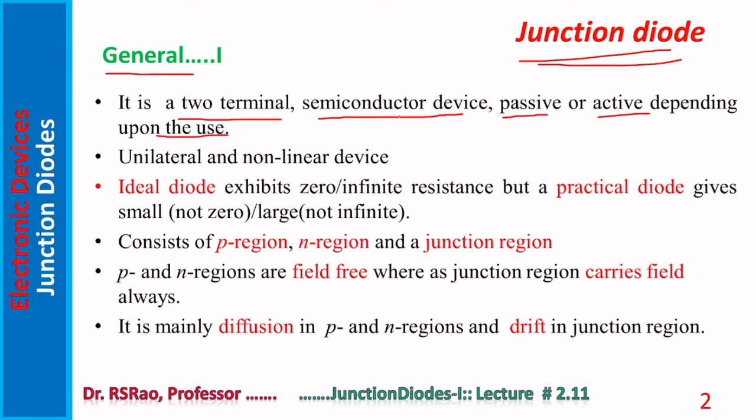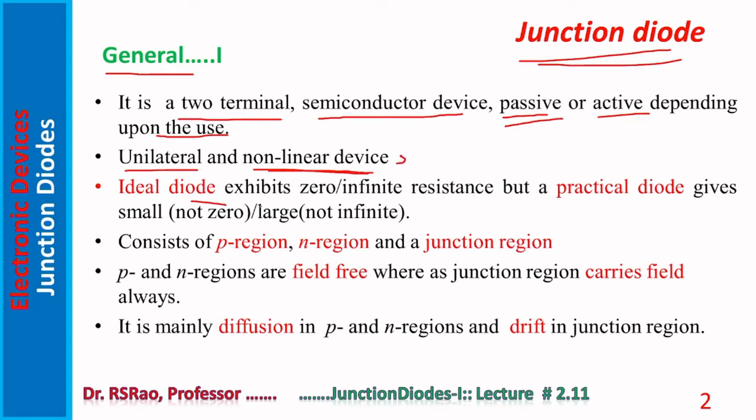In such cases, the diode is acting as an active device, but it is very rare. Most of the time, the diodes are used as passive devices, like in rectifier circuits or clipper circuits or clamping circuits. Diodes are unilateral and these are also nonlinear devices.